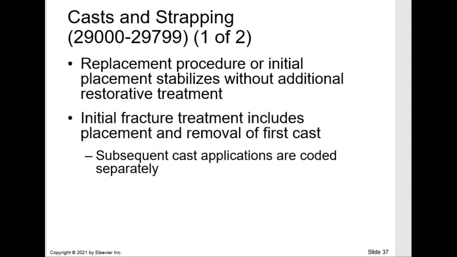Cast and strapping. Replacement procedure, initial placement stabilized without additional restorative treatment. The initial fracture treatment, this is very important, includes placement and removal of the first cast. Initial, so you don't add that extra casting code.